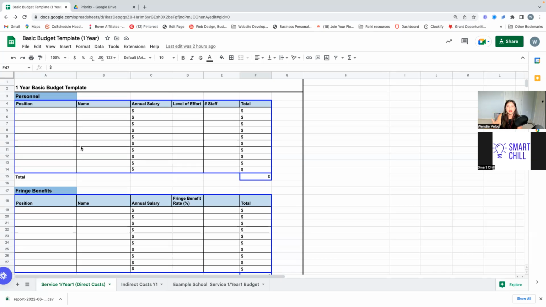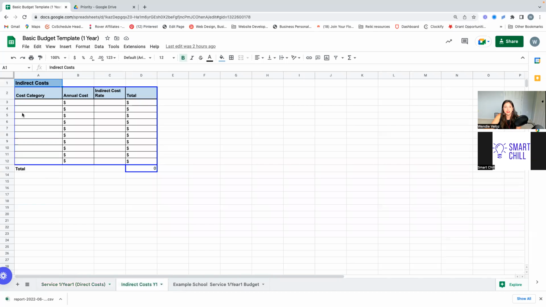So if I know that each staff member serves a certain number of people, and I can total serve 100, I can use that same ratio to then figure out, well, when my goal is 1,000 people, how many staff do I need? So a lot of these budget creations are really about ratios and numbers and multiplying and better understanding when you change this factor, what happens on the other side.